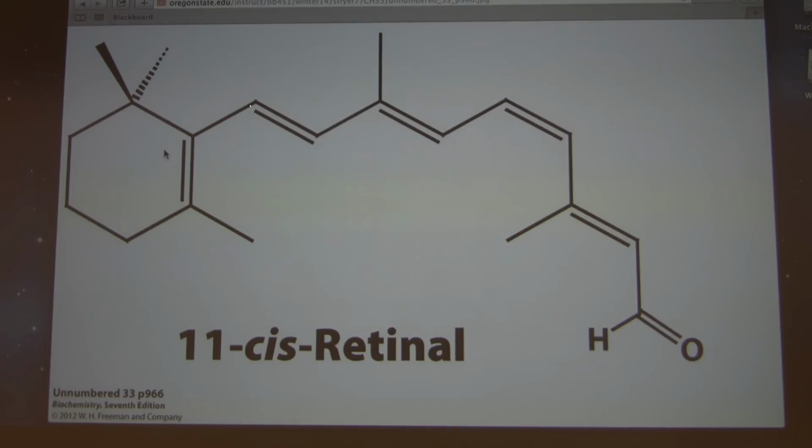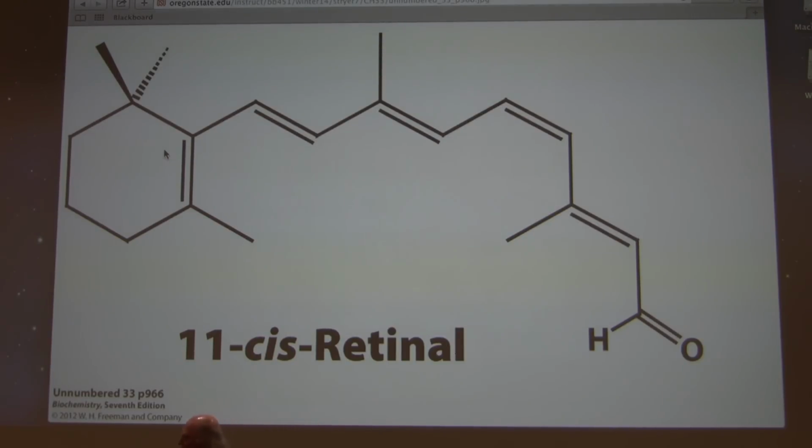If you look at the bonds out here, which as we number, this is numbered 1, 2, 3, 4, 5, 6. There's 7, 8, 9, 10, 11. We see a cis bond instead of a trans. There's a trans, a cis, a trans, and finally an aldehyde. Okay? The bond at position 11 is cis.